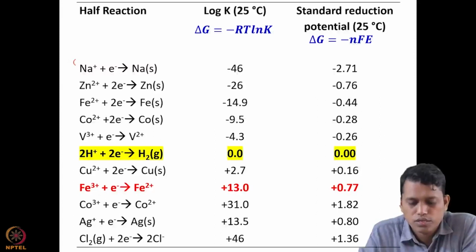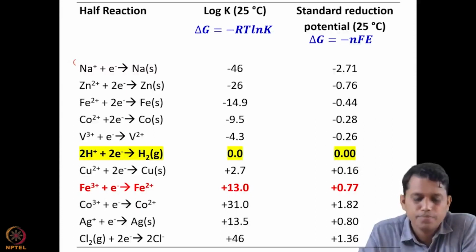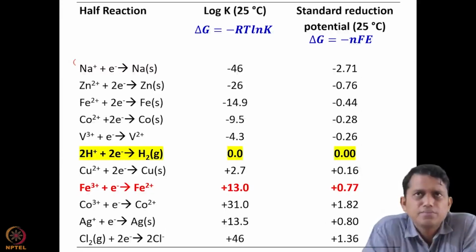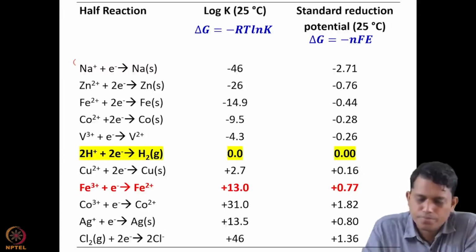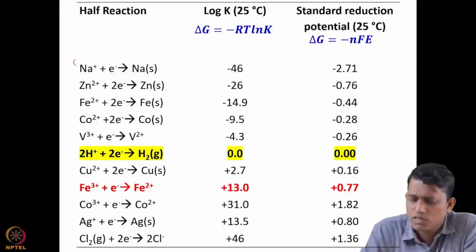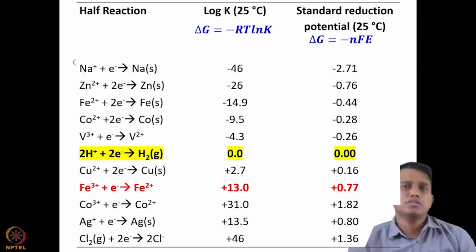You also know the relation of delta G with RT and K, so you can easily work out the relation between log K and the standard reaction potential, and derive these values. So for all these couples, we can derive the log K values that are tabulated with respect to their standard electrode potentials. These values are basically taken from the book Aquatic Chemistry by Werner Stumm and Morgan.